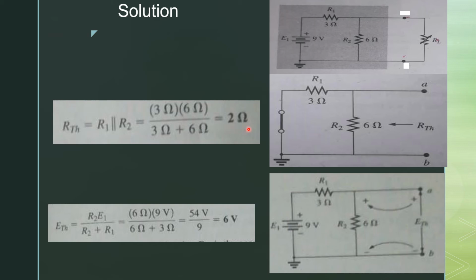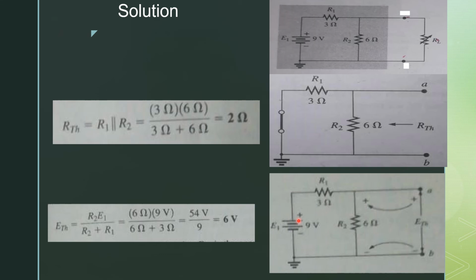In the next step, we have to find the value of E Thevenin. So E Thevenin basically is the voltage at points A and B. It is basically an open circuit voltage at that point from where we removed the load resistance. Now from the figure you will see that points A and B are parallel to R2. It means the voltage on R2 is basically equal to the voltage at points A and B, which is equal to E Thevenin.